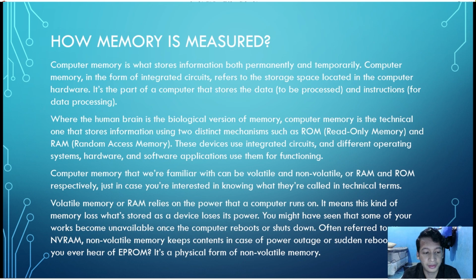Often referred to as NVRAM, non-volatile memory keeps content in case of power outage or sudden reboots. Did you ever hear of EPROM? It's a physical form of non-volatile memory.